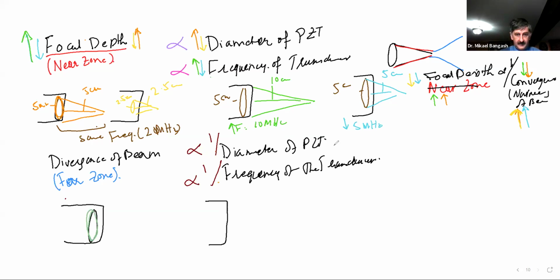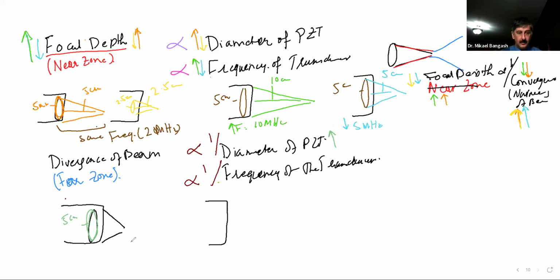We have a big PCT, let's say 5 centimeters. Of course, it's going to have a near zone, but right now we're not talking about the near zone. We are more talking about what's going to happen in the far zone, which is the divergence.